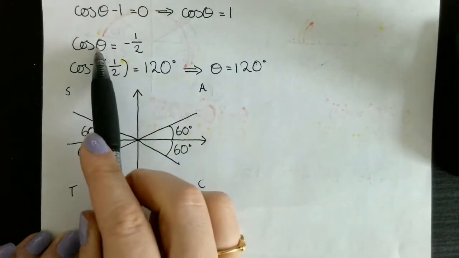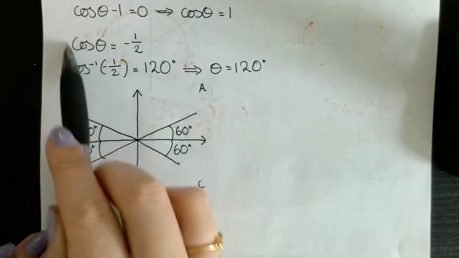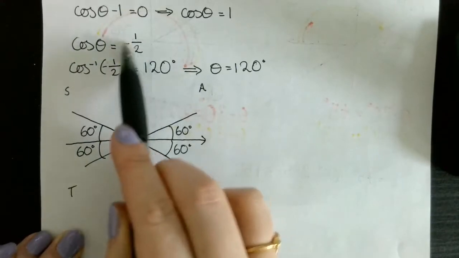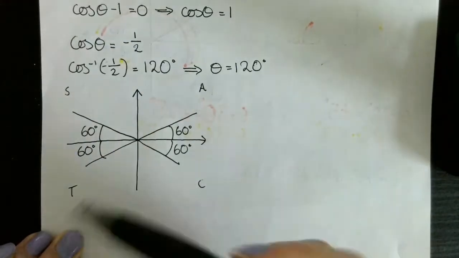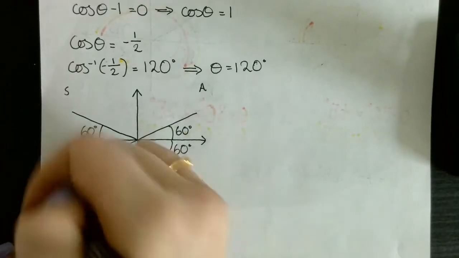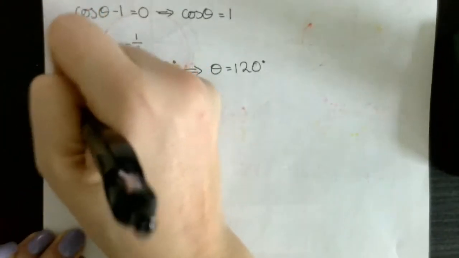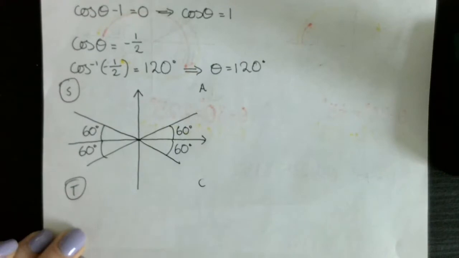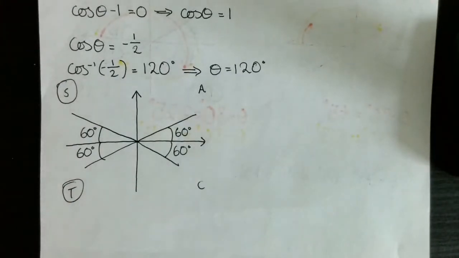Now we've got the equation cos theta equals a negative half. So we're now going to look at the quadrants where cos theta is negative. That is these two quadrants here. All we have to do now is move round our CAST diagram to find our values of theta.